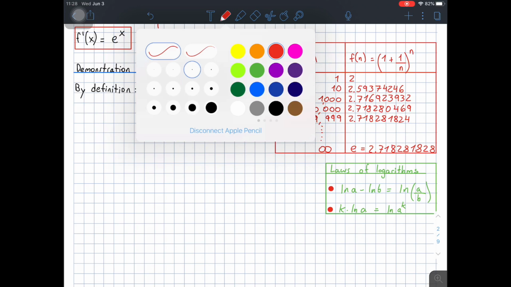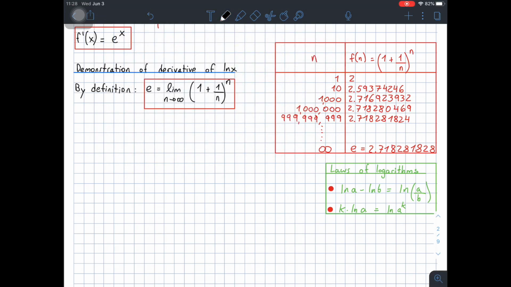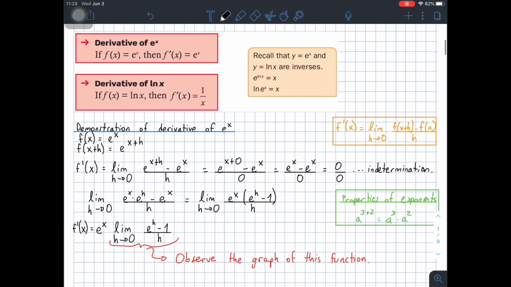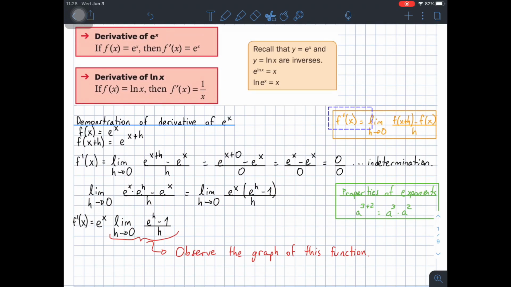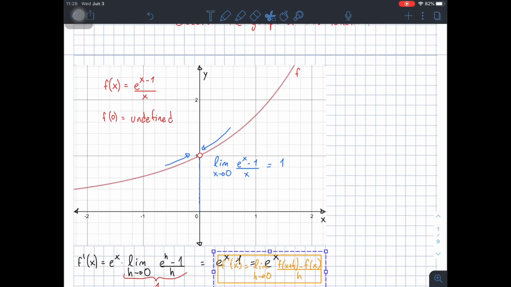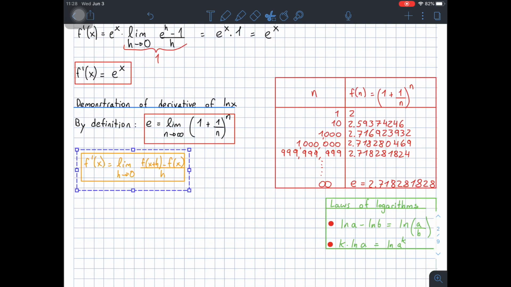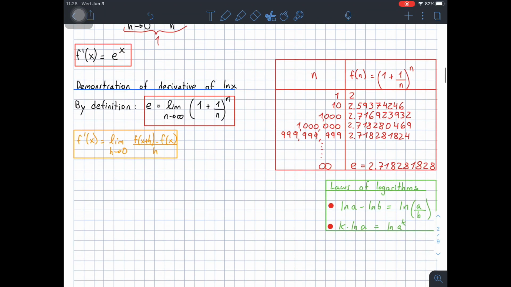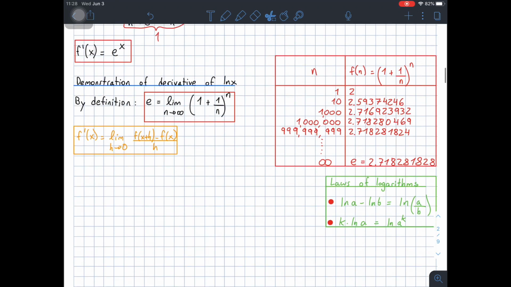So let's start by remembering the definition of a derivative. Here we wrote the definition of the derivative, which is f prime of x equals the limit of f of x plus h minus f of x, divided by h, as h approaches 0.